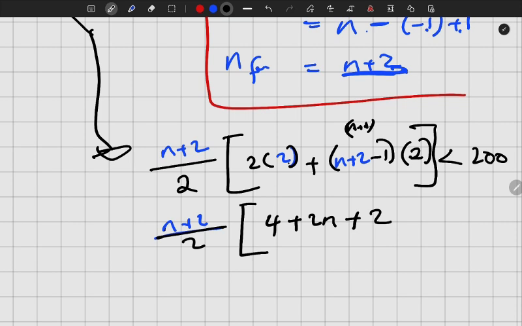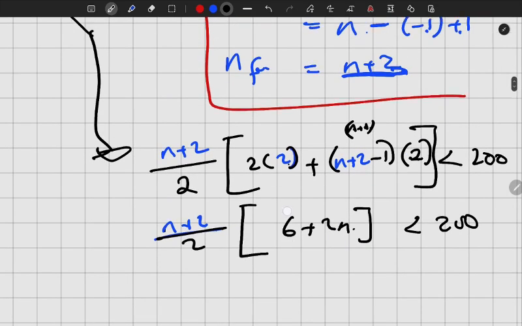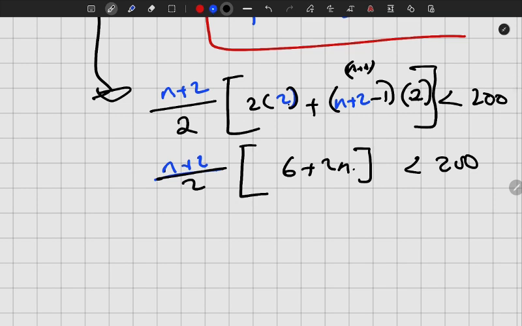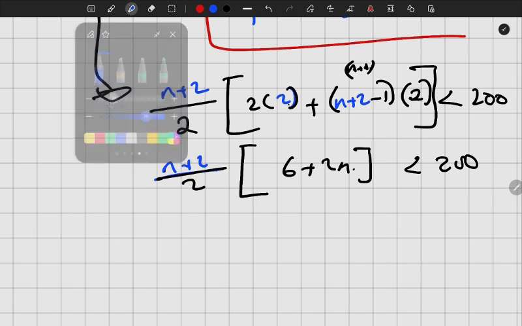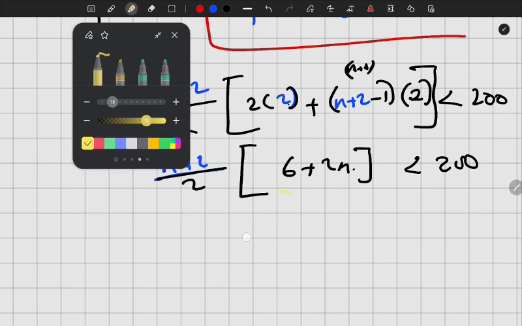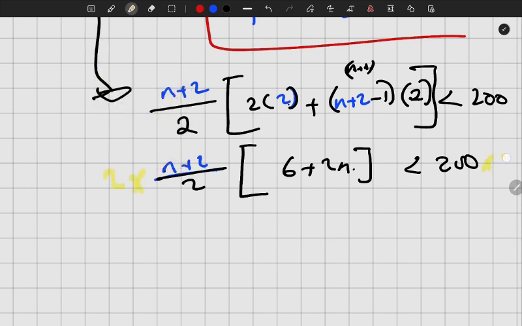So we're going to end up with 6 plus 2n here. 6 plus 2n is less than 200. And then you want to get rid of the fraction, so you can multiply both sides by 2, because our number is positive, so it's fine.